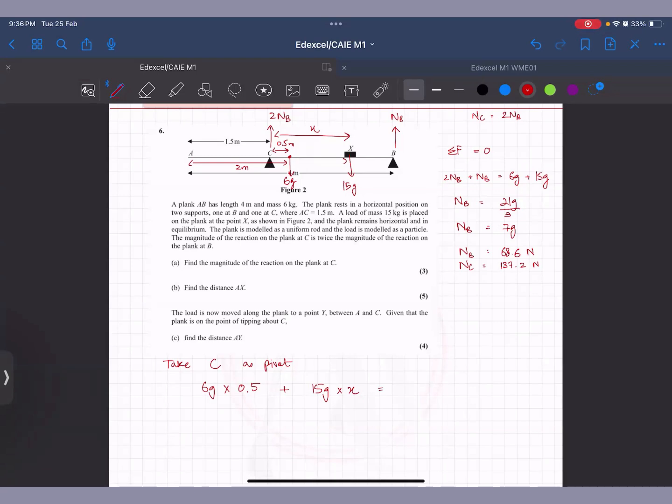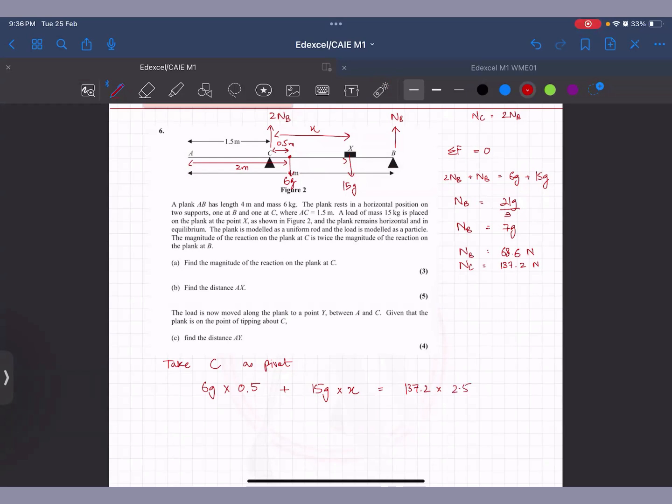And the only force producing an anti-clockwise moment is NB, which is 137.2 times the distance from the pivot C, which is 2.5, right? Because the complete length is 4 and this part is 1.5, so the remaining part is 2.5 from the pivot.